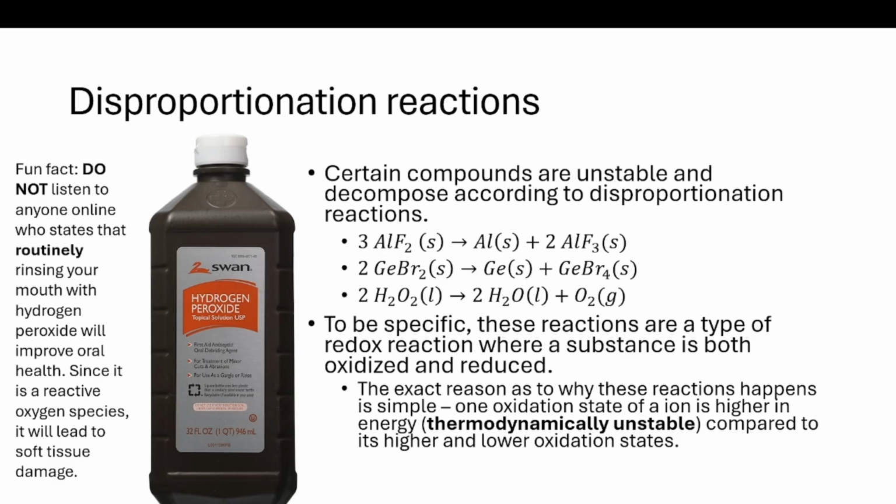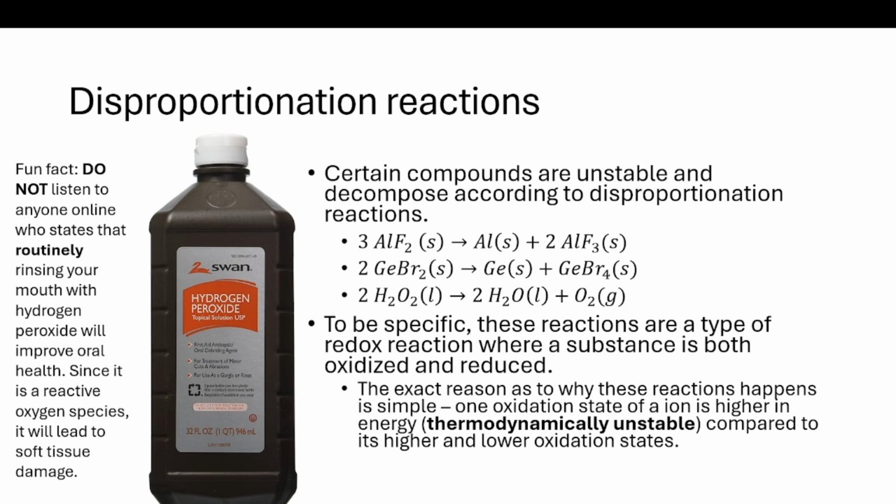So the next type of reaction I want to talk about, going on about stability, is called disproportionation. And excuse my pronunciation for that. But going on, certain compounds are unstable, and because of their instability, they can decompose according to disproportionation reactions.